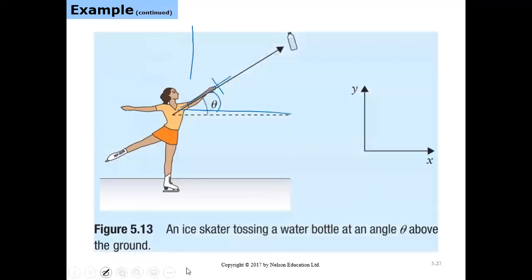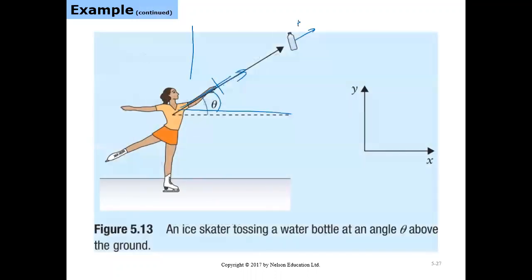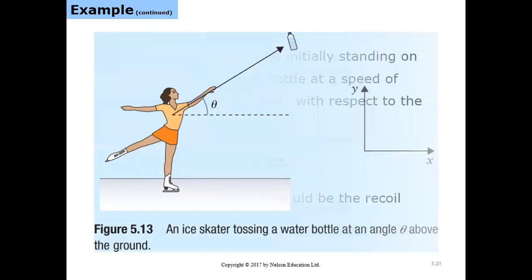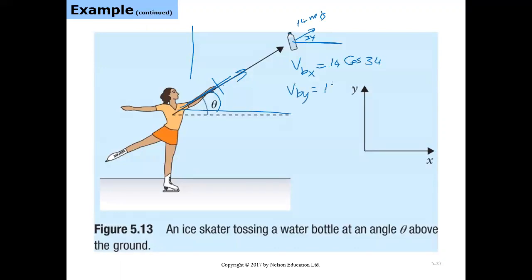So this velocity of the bottle is, what did I say? 14 meters per second, and it is making an angle of 34 degrees. This means VBX is equal to 14 cosine 34 and VBY is equal to 14 sine 34.